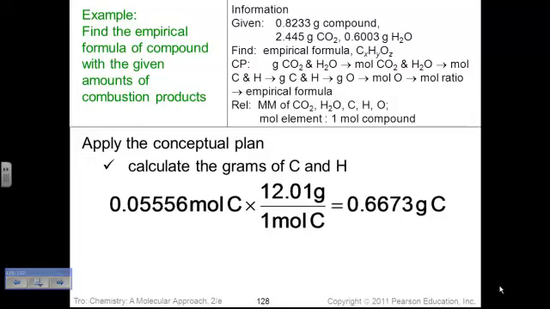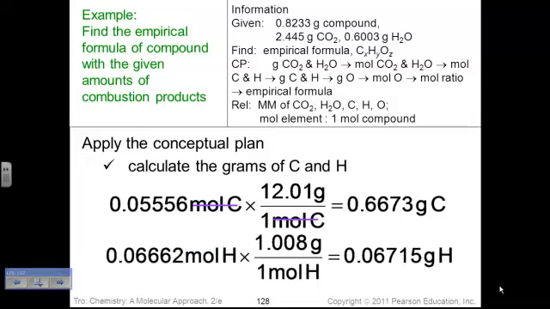Same strategy for the hydrogen. Take the mole numbers that we calculated. Notice that when I multiply by atomic weight, we have moles canceling and converting to grams. 0.6673 grams of carbon, 0.06715 grams of hydrogen.